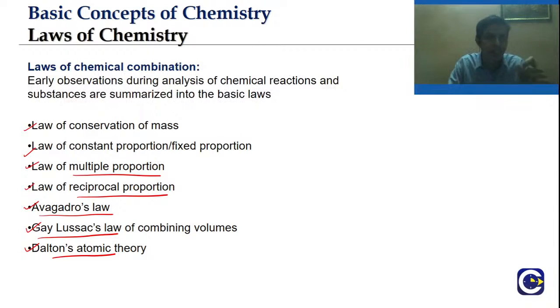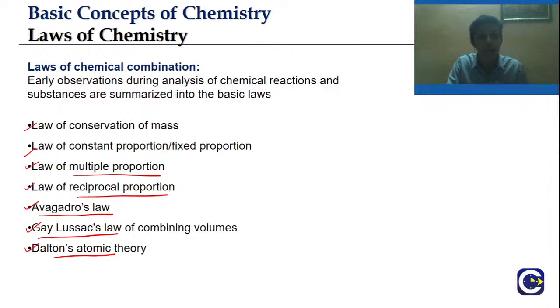For example, for the law of conservation of mass, direct questions will come where you have to make a reactant and product mass balance. Such questions are also expected, though they are very rarely asked.